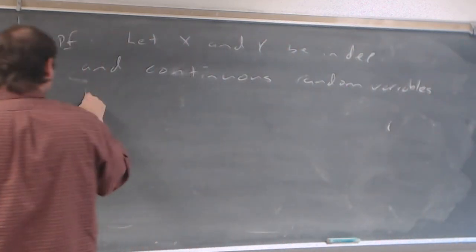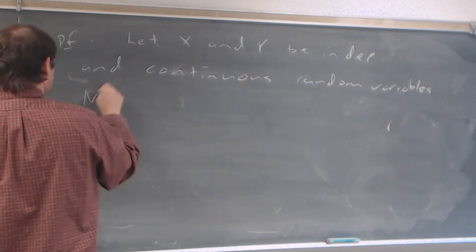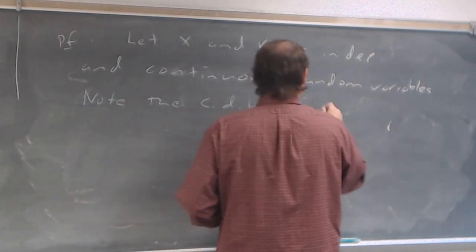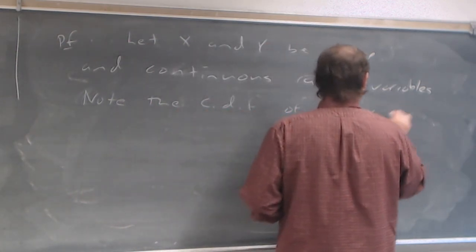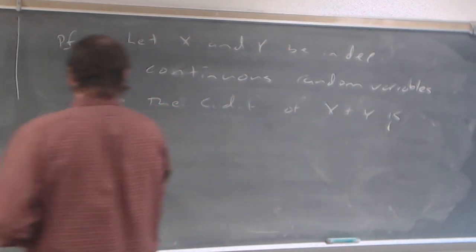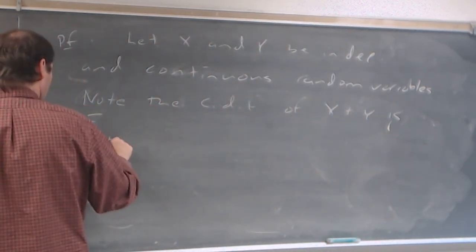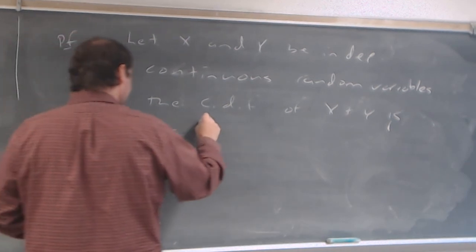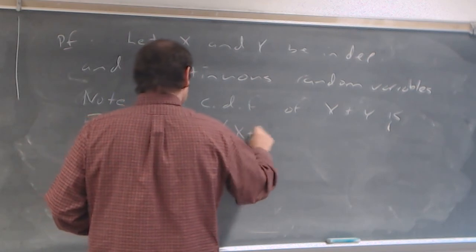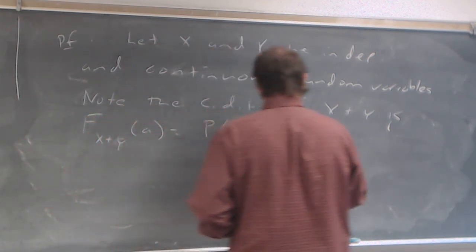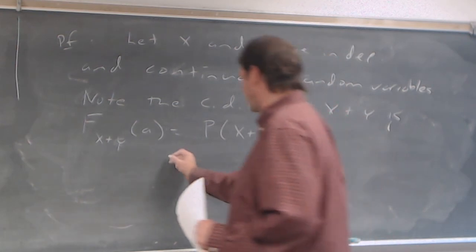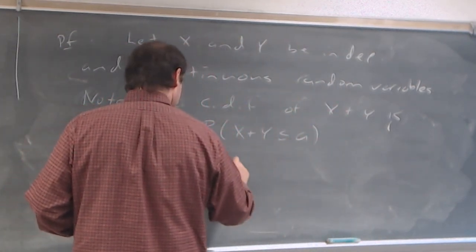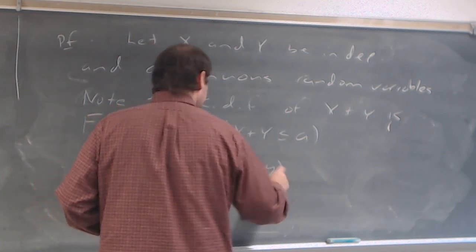And so here, note the CDF, cumulative distribution function of x plus y is, so here it will be F of x plus y acting on, let's say A, okay? And what is that? That's equal to the probability that x plus y is less than or equal to A. And we can think of this as a double integral. This is the double integral of the region where x plus y is less than or equal to A of the joint PDF.